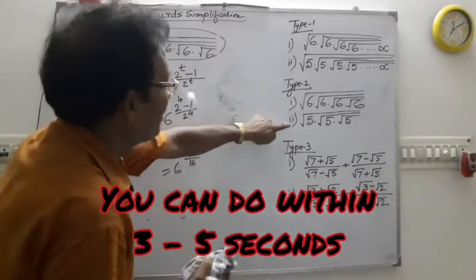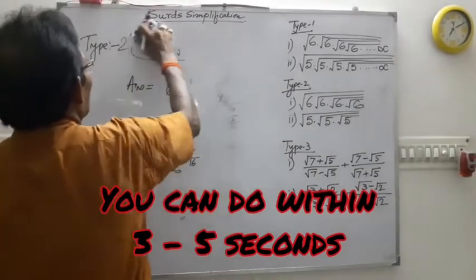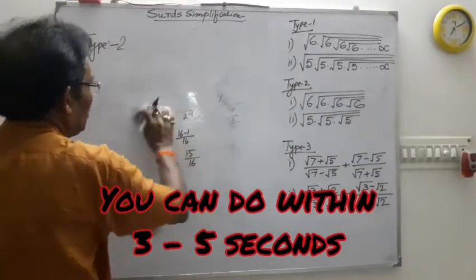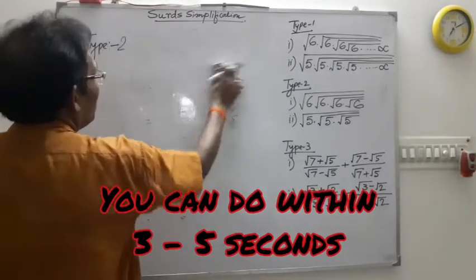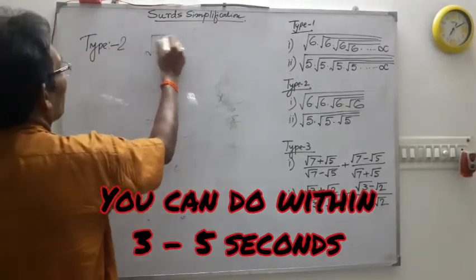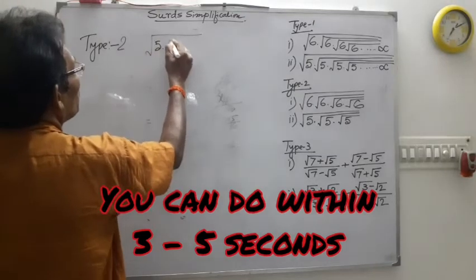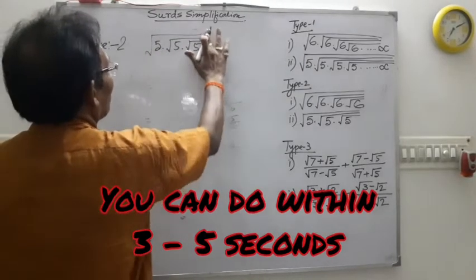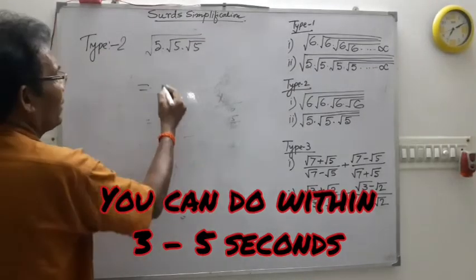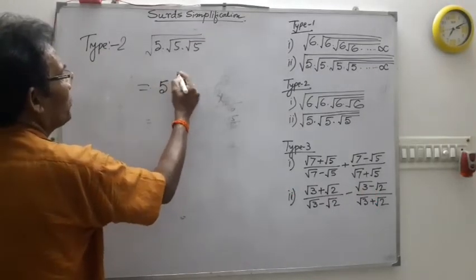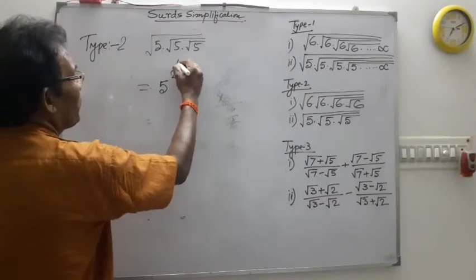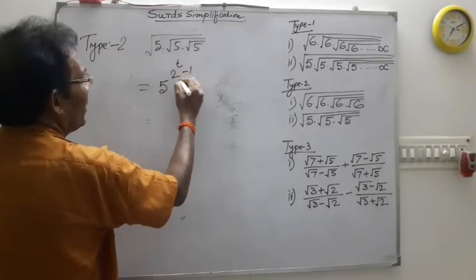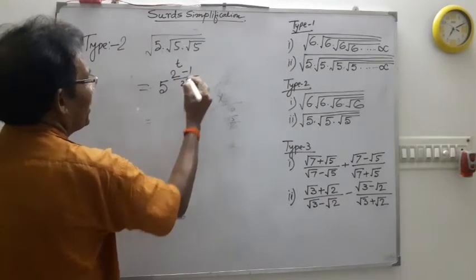Another example of type 2: root 5 into root 5 into root 5. So the answer will be 5 to the power (2 to the power t minus 1) divided by 2 to the power t.